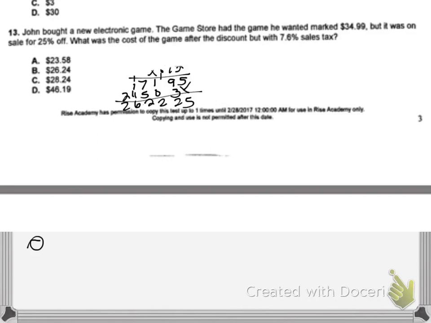Okay, this isn't right, so let me do it again. $34.99 times 75 hundredths. That's 45, 45, that's 49, 24. So I think I had a 1 where the 4 was last time.